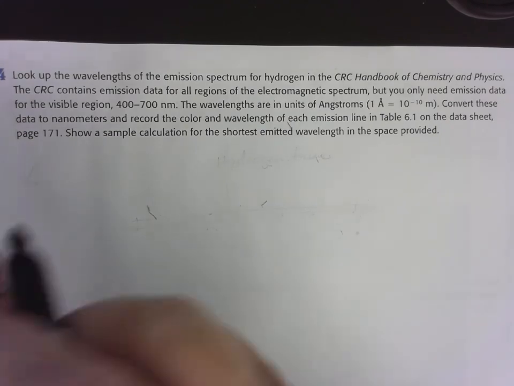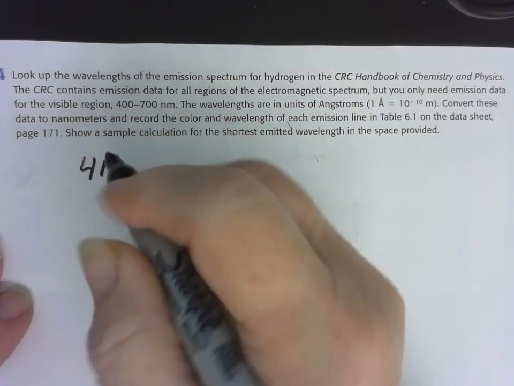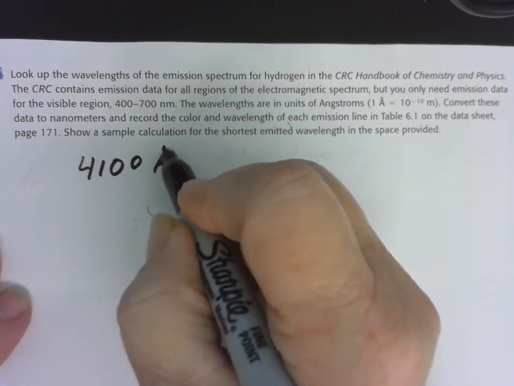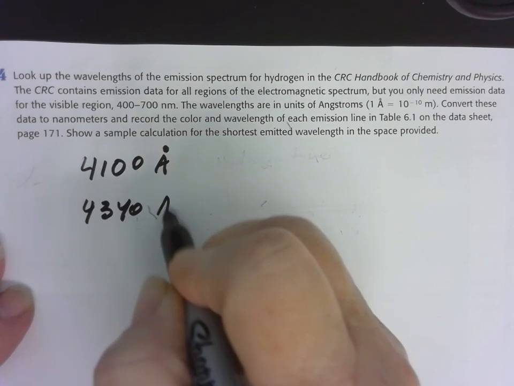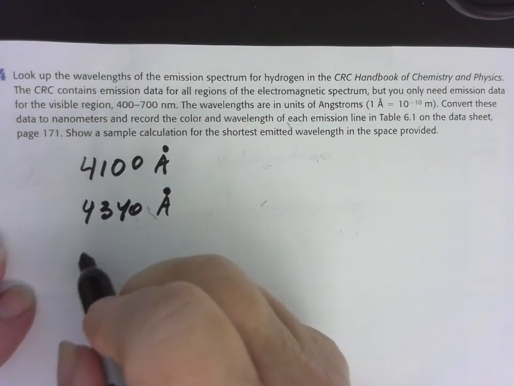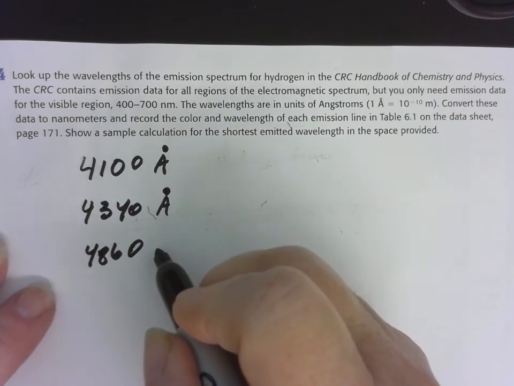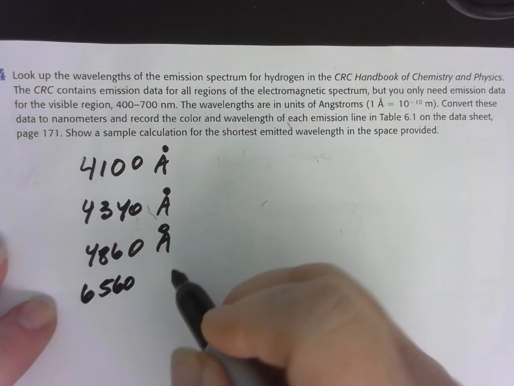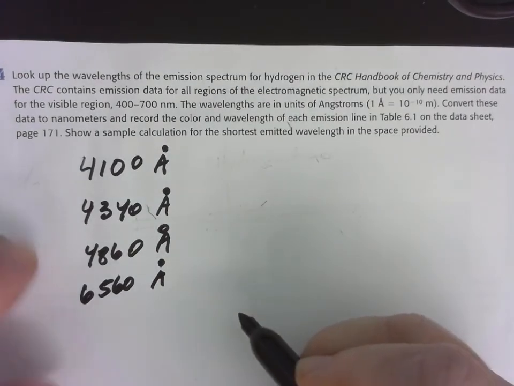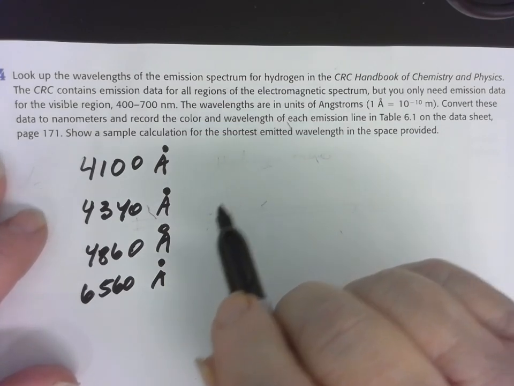So here are the wavelengths from the CRC: 4,110 angstroms, 4,340 angstroms, 4,860 angstroms, and 6,560 angstroms.